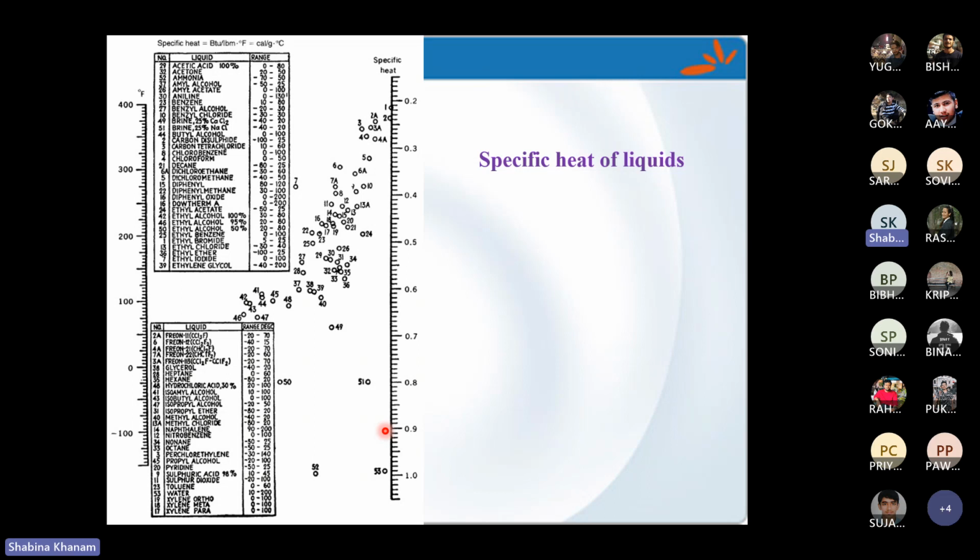Actually, average temperature is not only for specific heat. Whatever property you are considering, all those properties should be collected at average temperature. So from the given parameters, you need to start the calculation of heat duty or other calculations for that fluid for which both the temperatures are known to you.